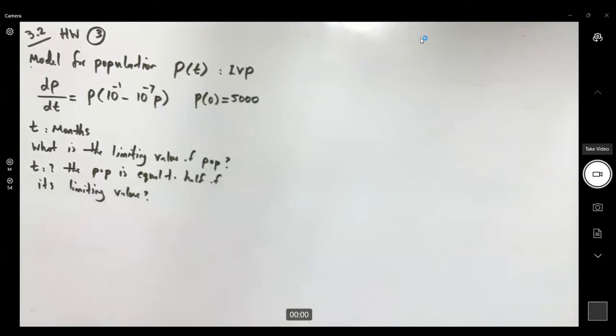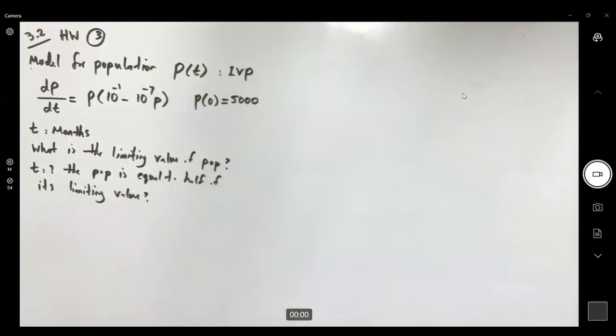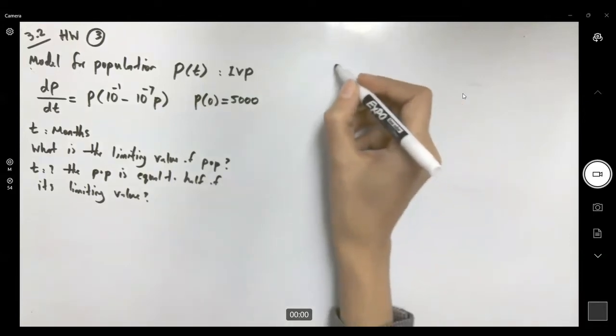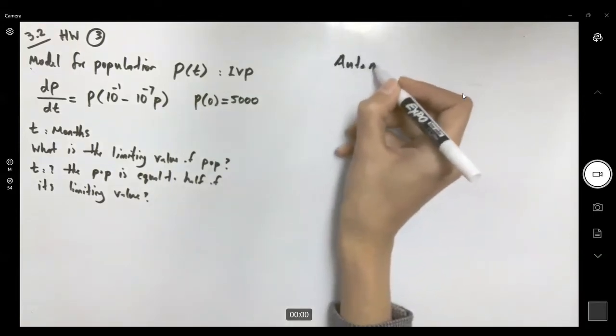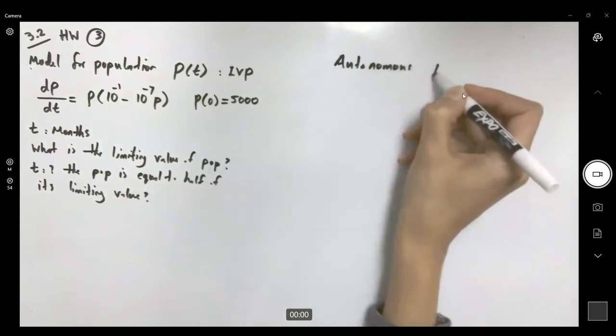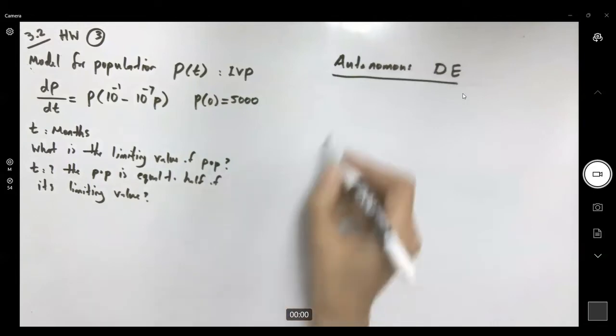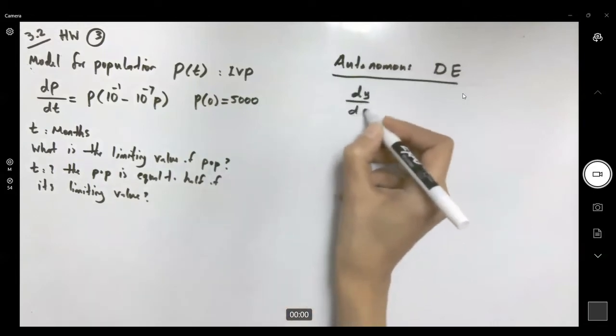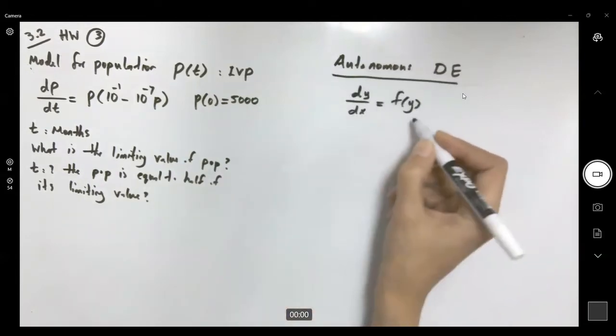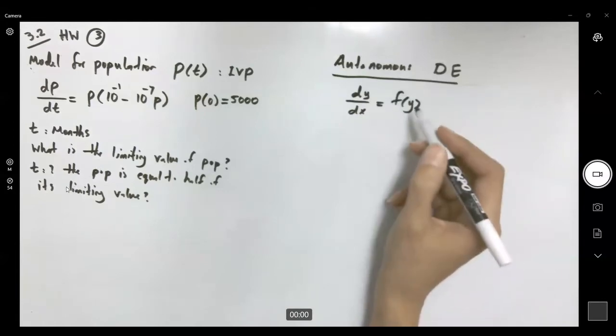Very good. So first of all, remember that we have an autonomous differential equation, dy/dx equals f of y. It means that we don't see any free variable appearing on the right-hand side.